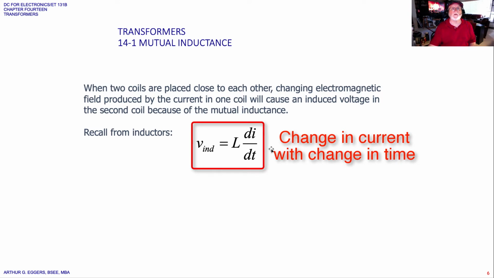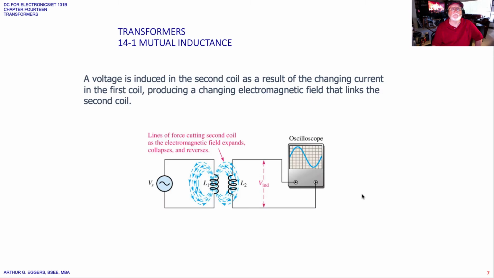By mathematics, we use the relationship that the voltage induced, that's the little IND, is equal to the inductance L times the change in current with respect to the change in time. So V inductance is equal to L di by dt.